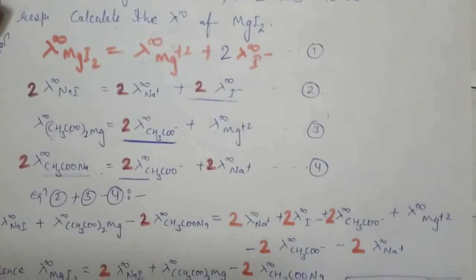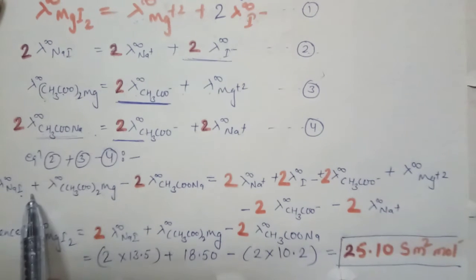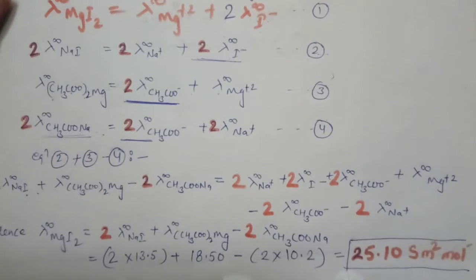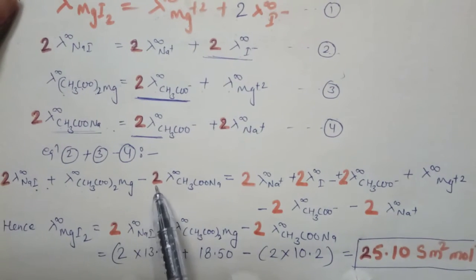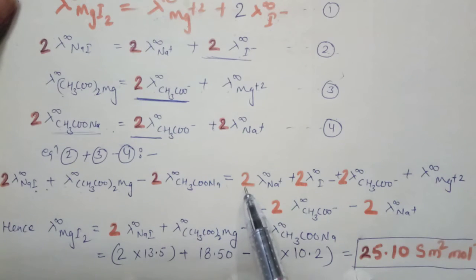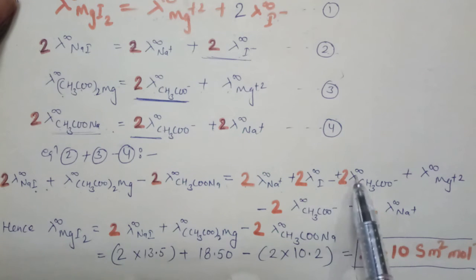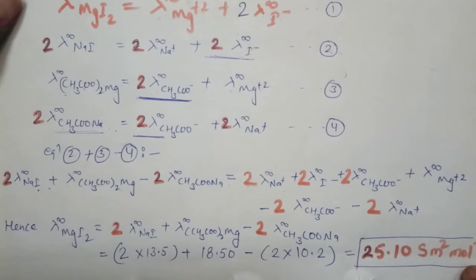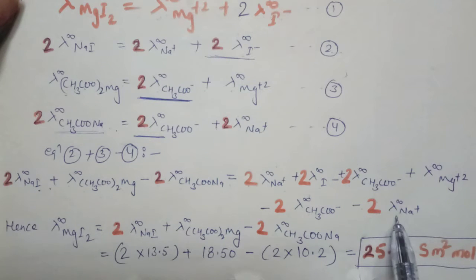In this way we get the equation: 2 lambda infinity NaI plus lambda infinity magnesium acetate minus 2 lambda infinity sodium acetate will be equal to 2 lambda infinity Na plus 2 lambda infinity I minus plus 2 lambda infinity acetate ions plus lambda infinity Mg plus 2 minus 2 lambda infinity acetate minus 2 lambda infinity Na plus.